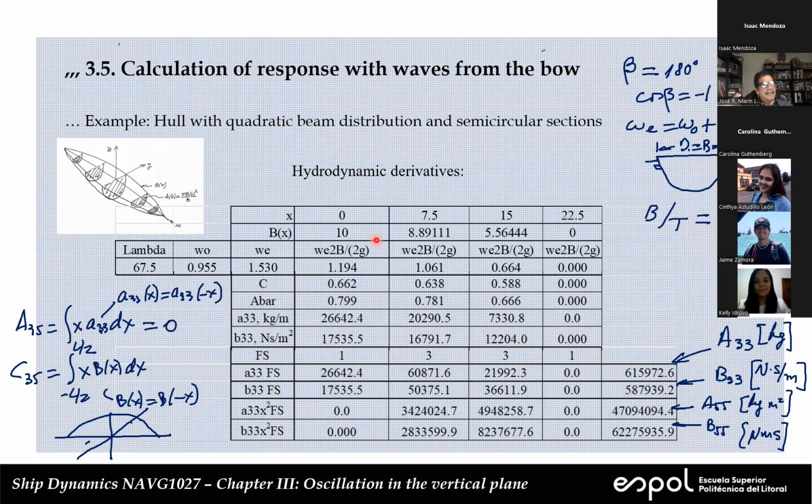So entering with the section area coefficient, the non-dimensional frequency, and the ratio B over T, we can try to get directly, after evaluating these polynomials, like a regression, C and A bar. So we shouldn't go into these figures and get the values from the figures. But so far, this is what we have to use.